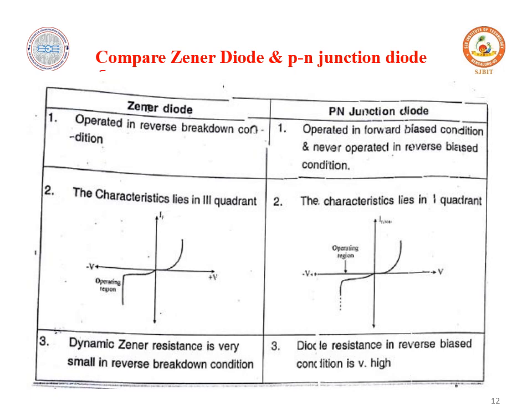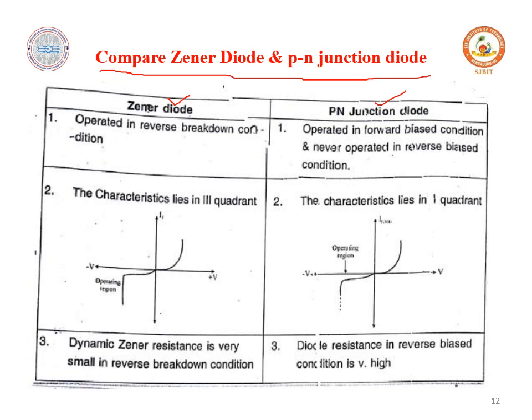In this slide we are going to compare the Zener diode and the PN junction diode. We need to differentiate them. The PN junction diode will conduct in forward bias, but the Zener diode will conduct in reverse bias. In the first column we consider the Zener diode, in the second column the PN junction diode.